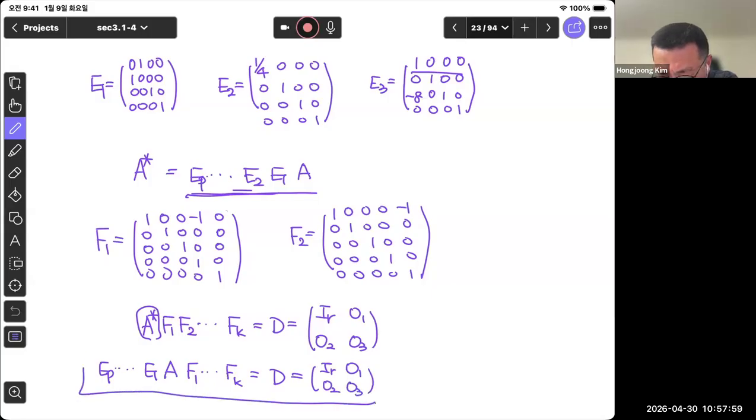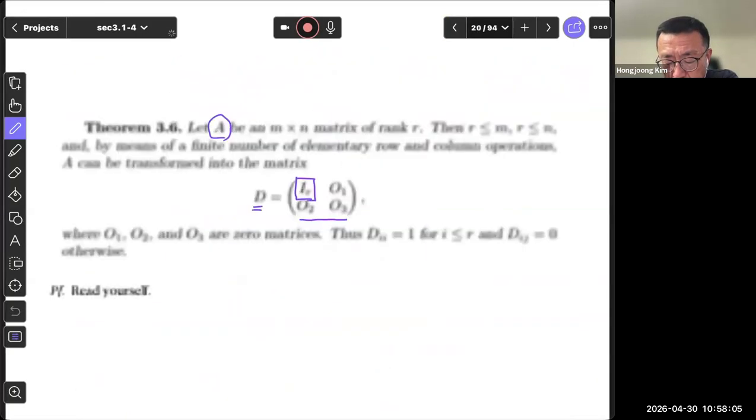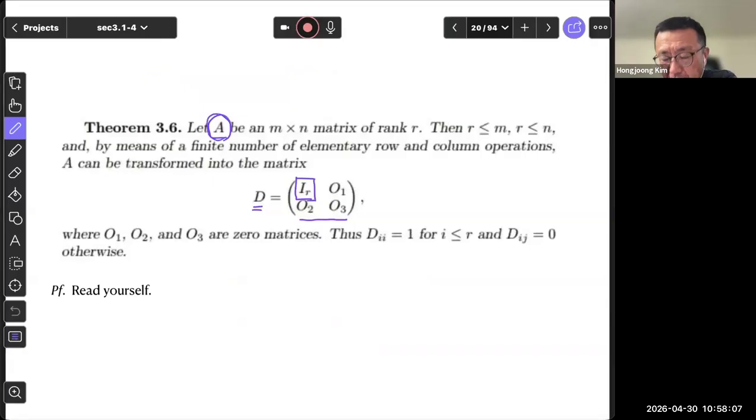So this is the result of the theorem. Okay, right? So given A, if I perform some elementary row and column operations, you can always transform your A into a D matrix, right, of this form.